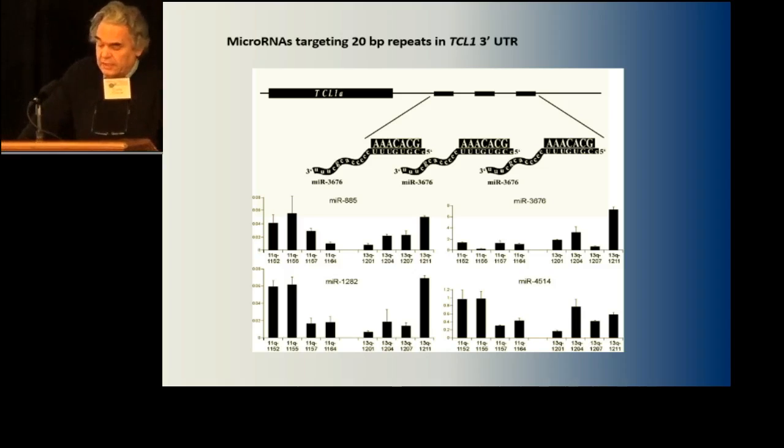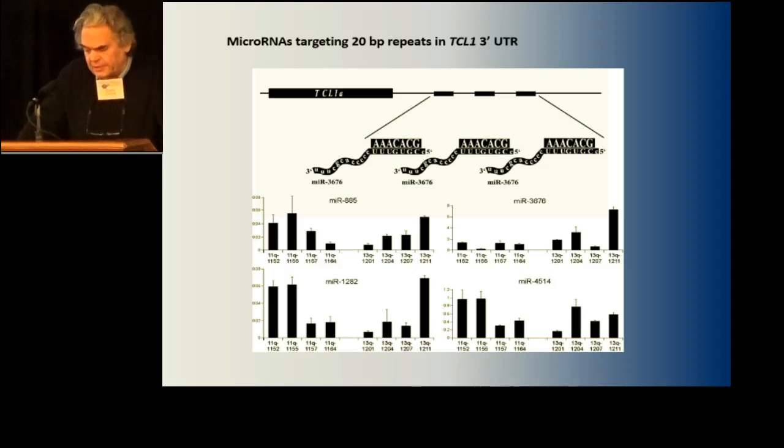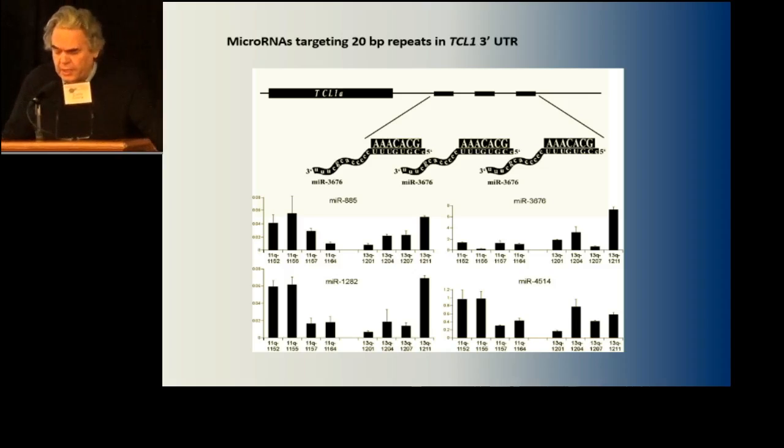Therefore, we wanted to figure out what would happen to B cells if we increased the expression of TCL1. So we made transgenic mice in which we dysregulated TCL1 in B cells using the immunoglobulin enhancer.